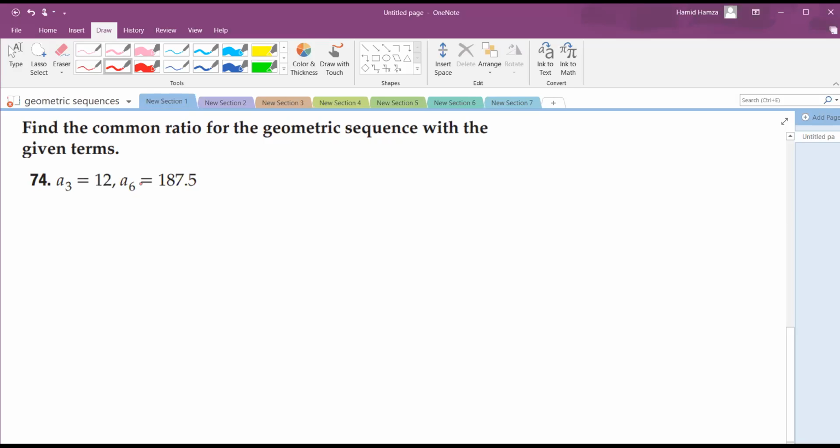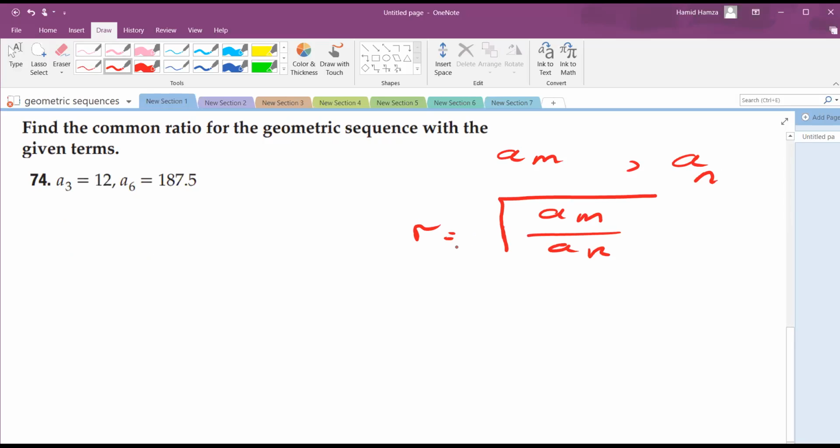We have a rule for this. If you have AM and AN, and they are non-consecutive terms, the common ratio R will equal the root of AM over AN, and the index of the root will be the difference between the orders of the two terms, M minus N.